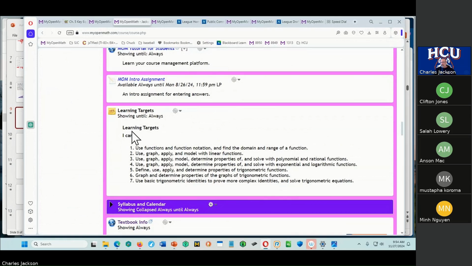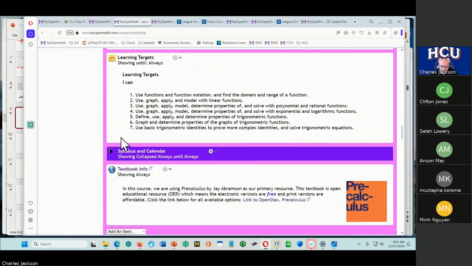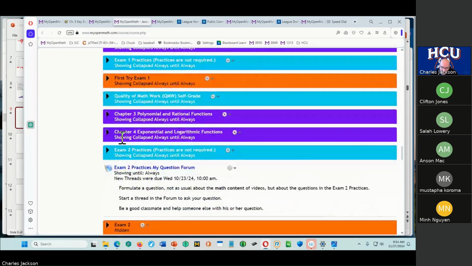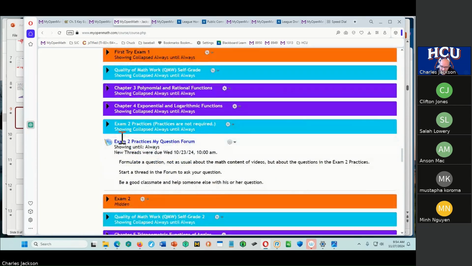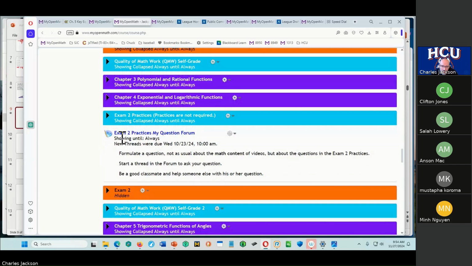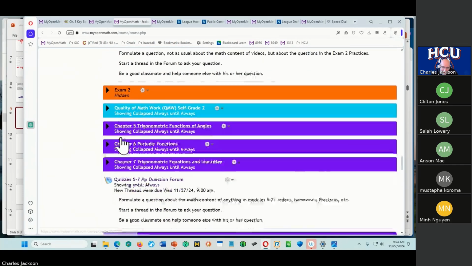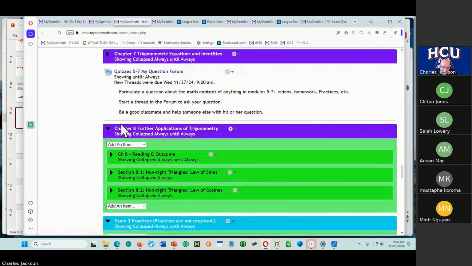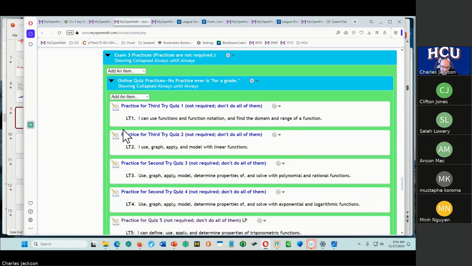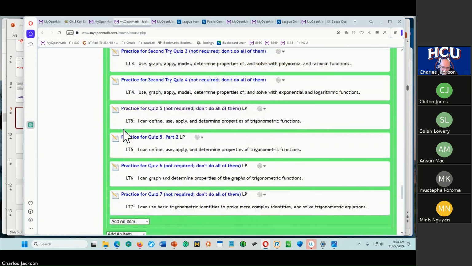Well, that's law of sines and law of cosines. That's using properties of trig functions. So I've got that in learning target 5, and so I put in a practice for quiz 5 part 2.